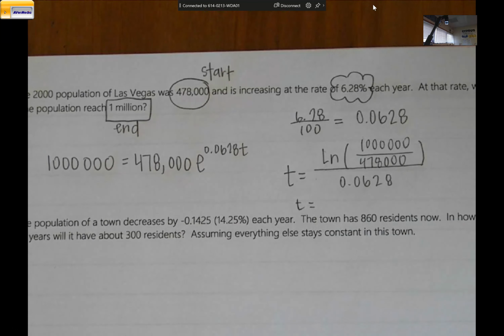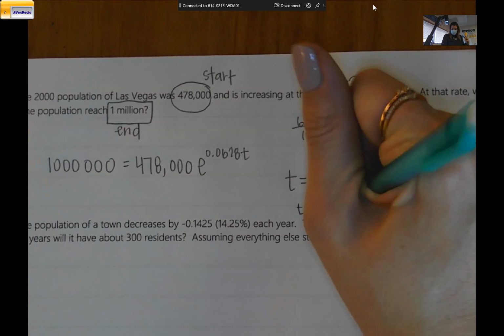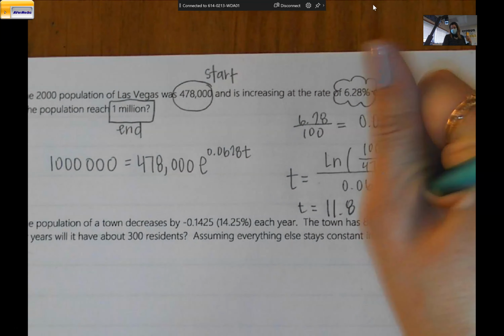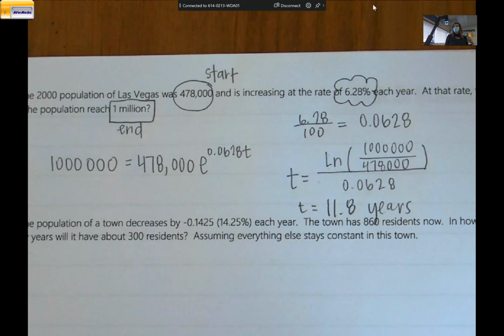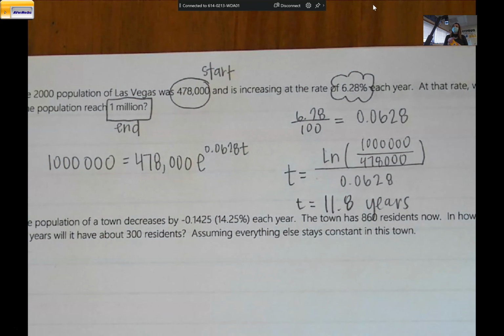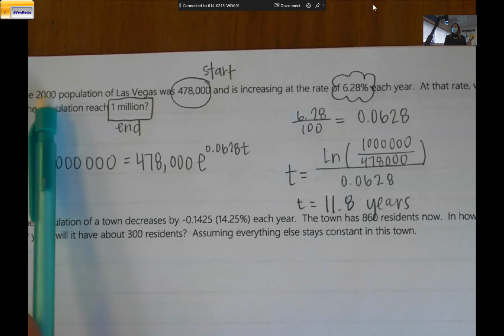So 11.8, 11.8 years. So it reached 1 million residents in 2011 because it started in 2000.